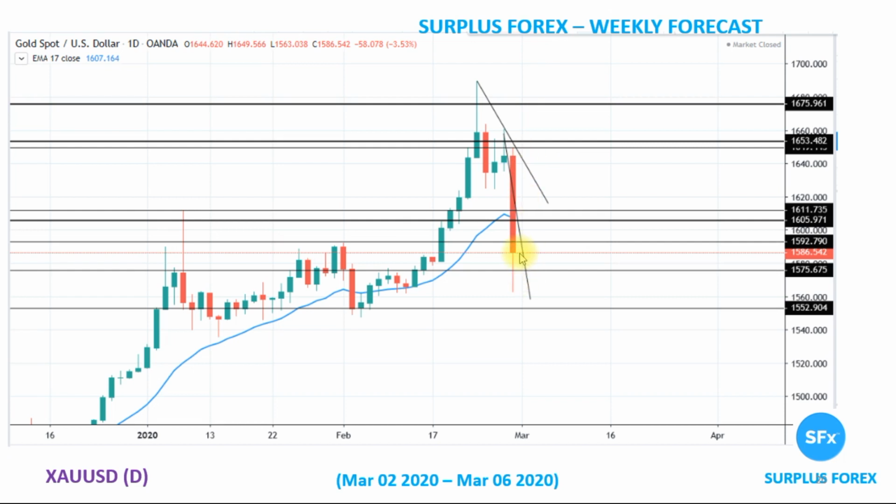It's in a deep bearish trend, sitting at 15.86.54, but on a positive note, it did cross 15.75.67 and is sitting above there. I'm expecting that it might rise for the initial part of the week before falling further.